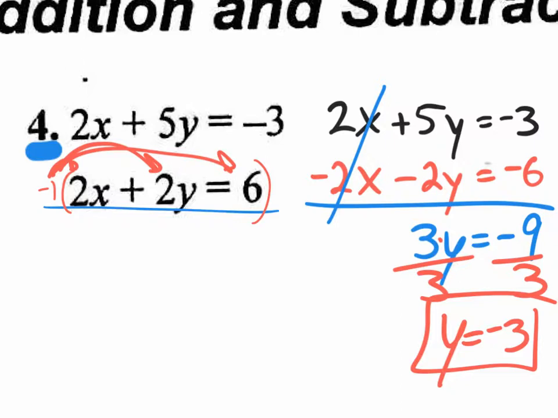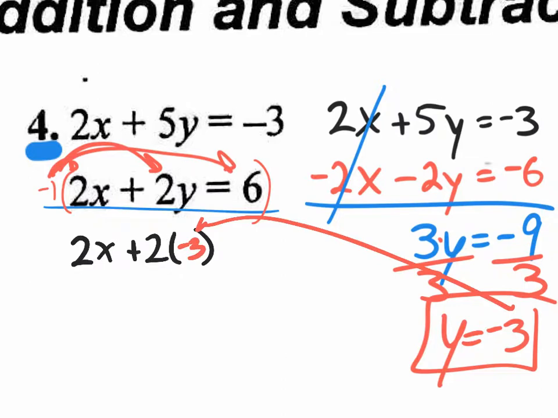Let me rewrite the bottom one. The bottom one says 2x plus 2y, but instead of y, I'm going to put this negative 3 right in there. Equals 6. And let me now simplify my equation and then solve it. So I really have 2x plus negative 6 equals 6.